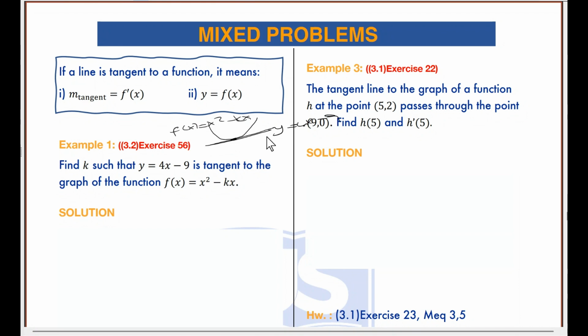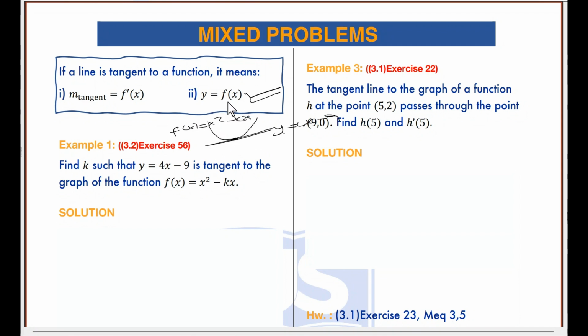So one of the steps might be equalizing those two functions: f of x equals x squared minus kx, and y equals 4x minus 9. They're like two different functions, and we equalize them because they meet at one point. This is one of the steps in solving these kinds of tangent line questions.